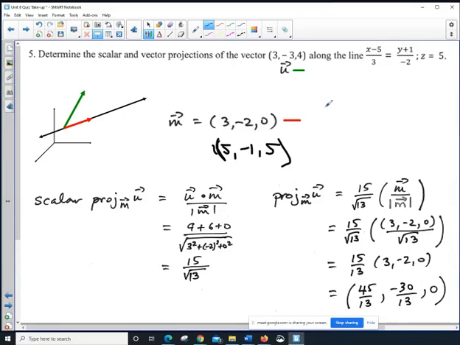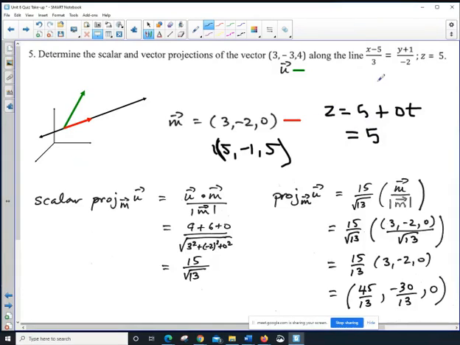Let me look just at the z component. If I were to write it in parametric form, I have z is equal to 5 plus 0t. Well, wait a minute. What does that give you? That just gives you z equals 5. Can you solve for t in this scenario? The answer is no. There's no t to solve for.